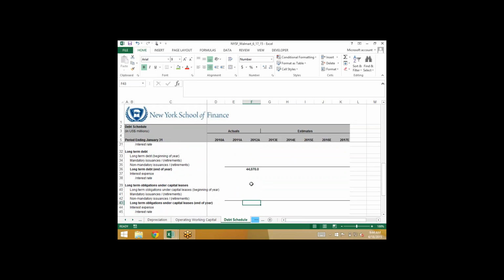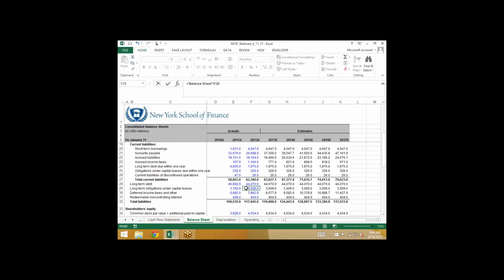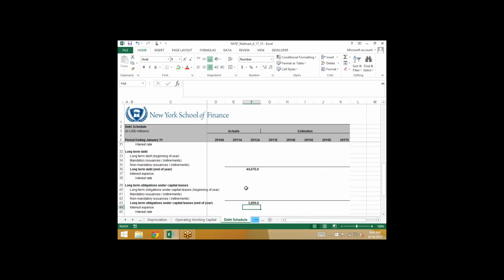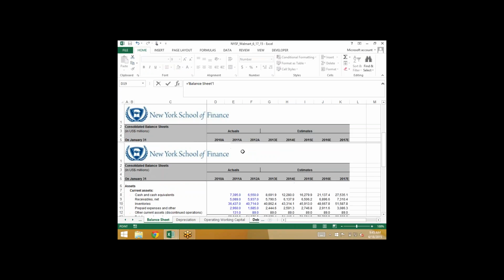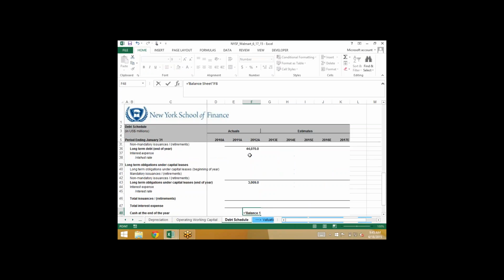And long-term obligations under capital leases, end of year. So make sure you've pulled all of that in. And also make sure you've pulled in the cash at the end of the year from the cash balance. That's the first thing you want to do. All these ending balances will be utilized to create our starting balances the next year.